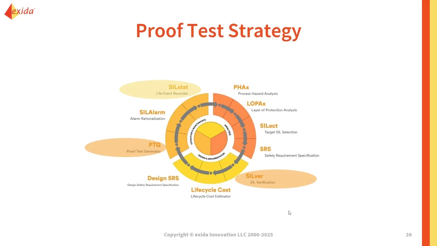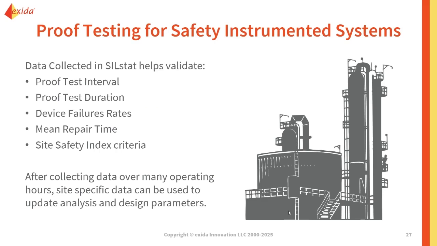And so with that, we've really completed the full life cycle from PHA to the operation and maintenance tasks, collecting data on that so we can revisit our revalidations with site-specific data to make our design more accurate and reach our safety integrity requirements.